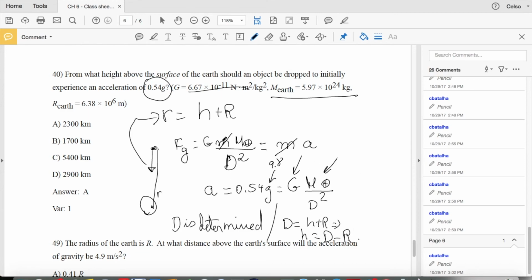Let me indicate here better. We have Earth, and we have a radius r, and we have the object right there, and here's the height. So the whole enchilada here is what I'm calling D, and D is what goes in the equation.